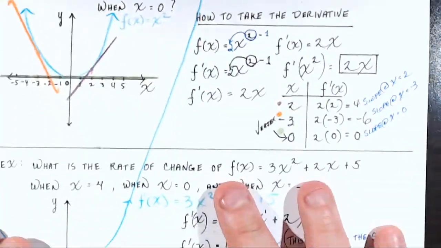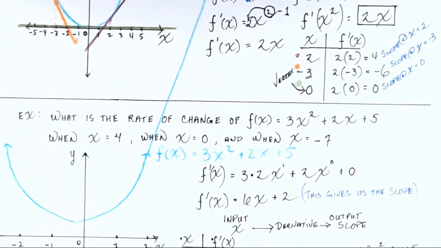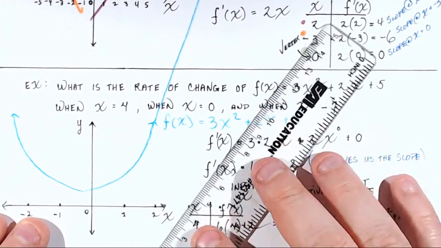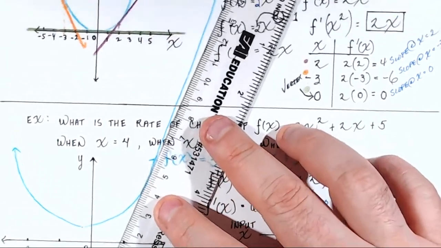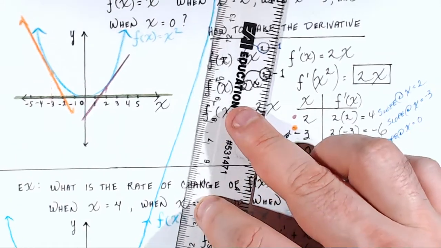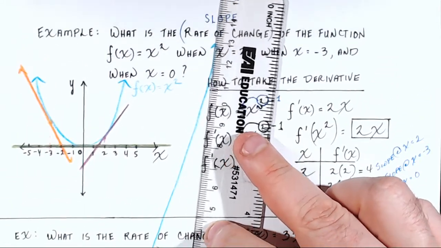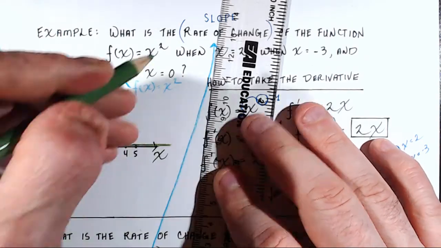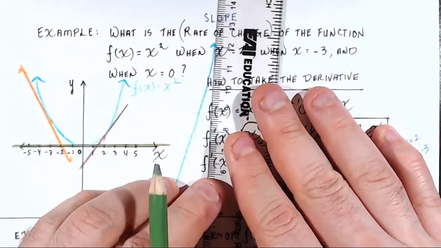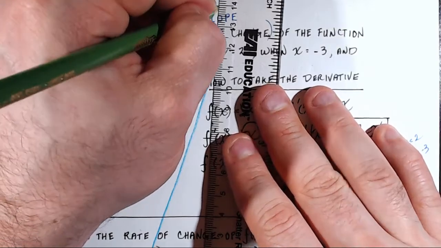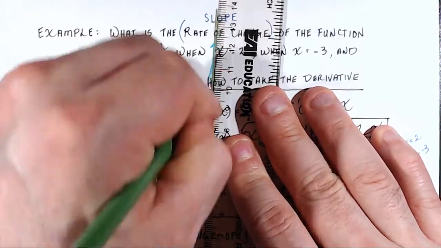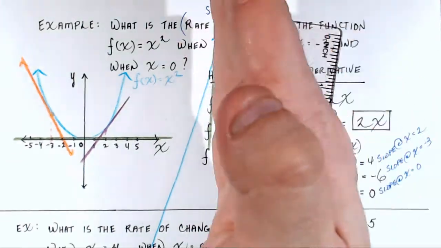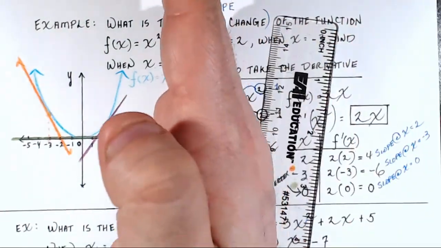And going and going. And so by the time x is 4, look at what I'm doing with the ruler. It's almost perfectly vertical, right? So right there, the slope is 26. So it's extremely steep, almost vertical.